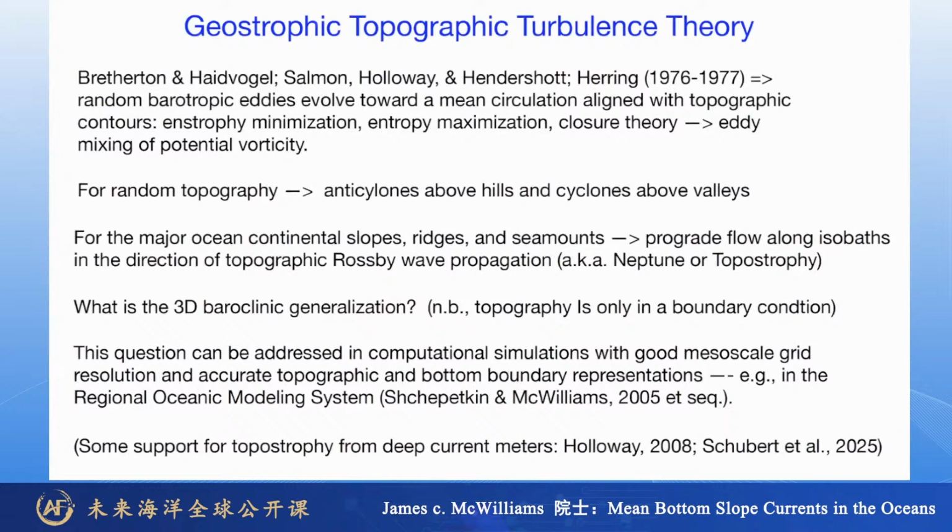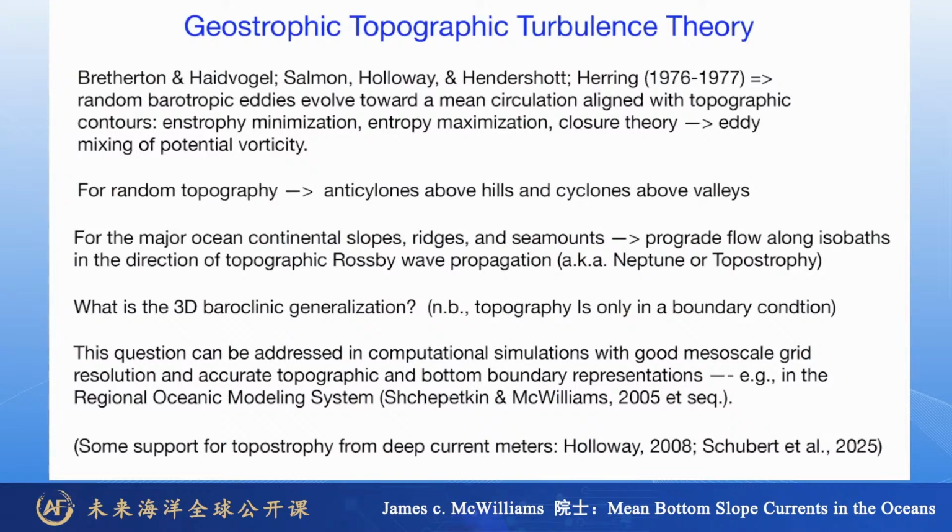Because they were doing essentially an idealized horizontally periodic problem, the random topography gave the answer of anticyclones above hills and cyclones above valleys, and they gave it various interpretations.